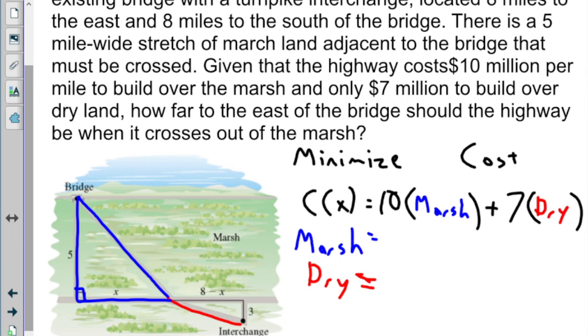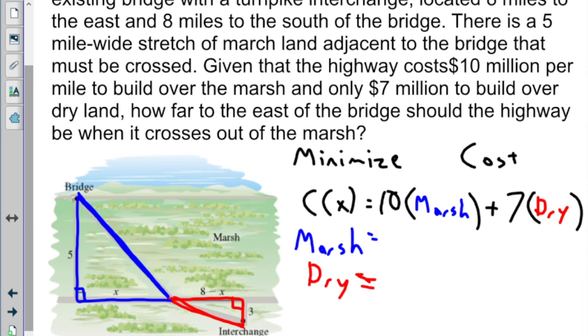There's a hint if you're still stuck. And I want this distance. So in both cases, it's a hypotenuse of a right triangle.